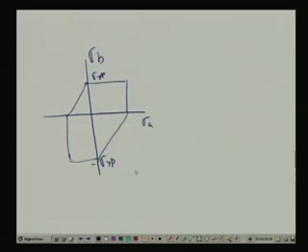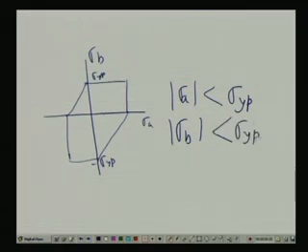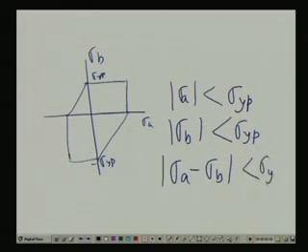We got the equations of the form: sigma A for a safe design, modulus of sigma B for a safe design, and sigma A minus sigma B for a safe design, again coming out to be the yield point.